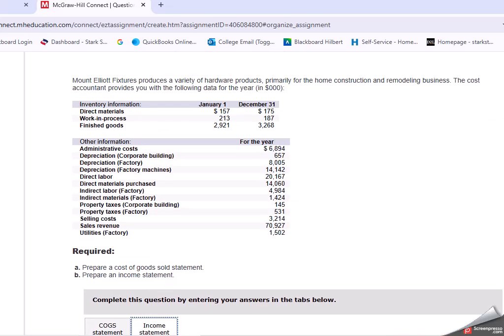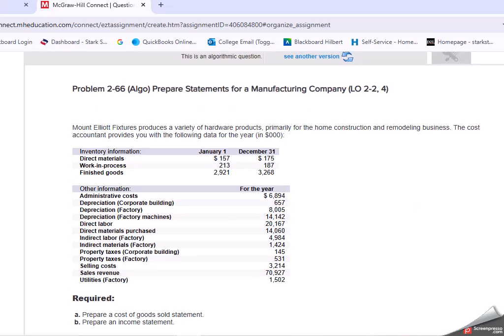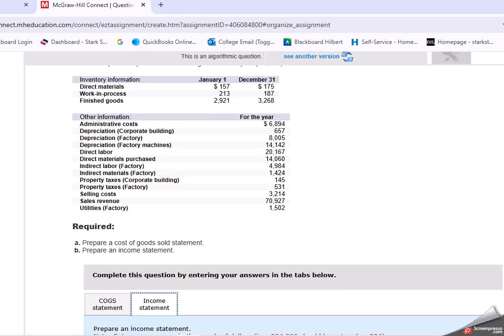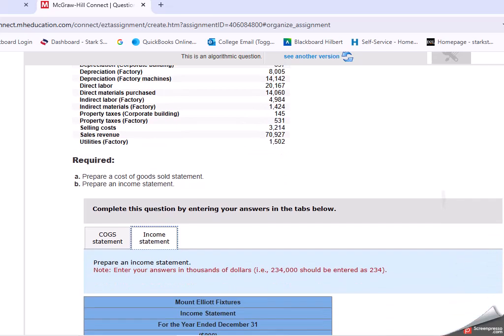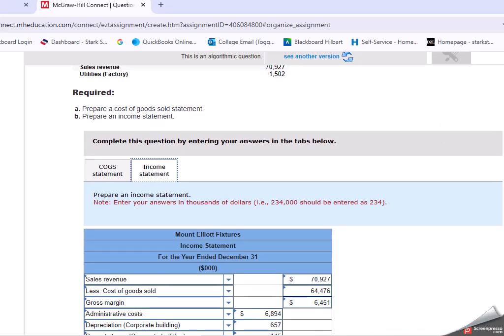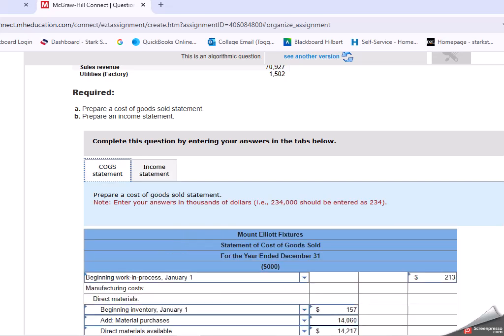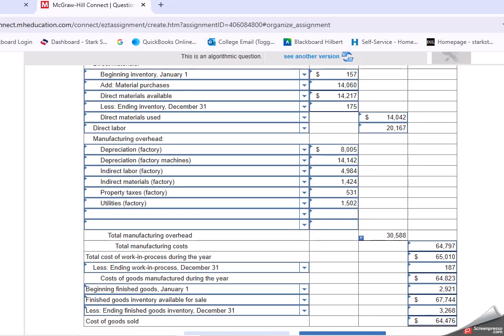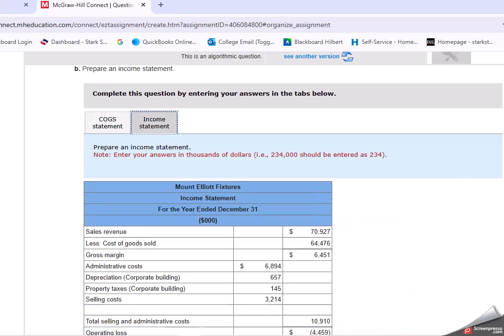So again, we'll go back up. They tell us the sales, let's see here, down here. Okay, so sales revenue are $70,927. Our cost of goods sold, again, is what we pulled off of this first schedule.